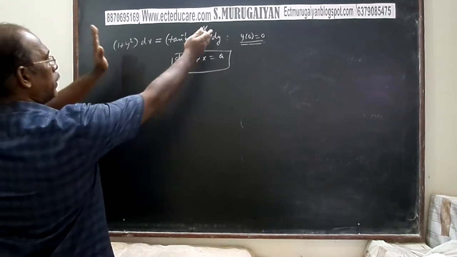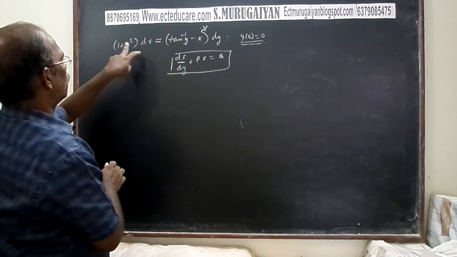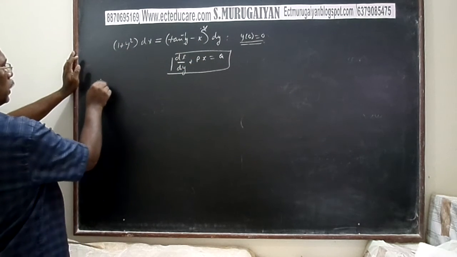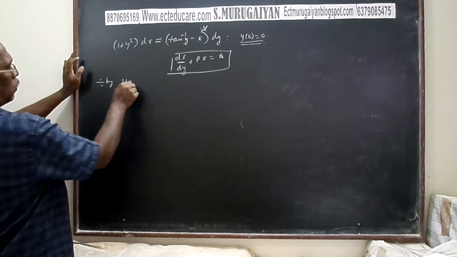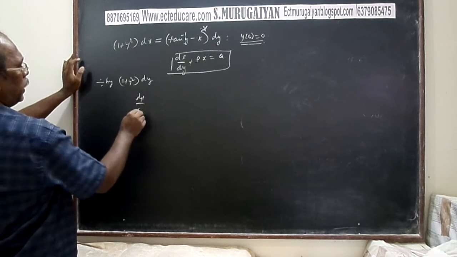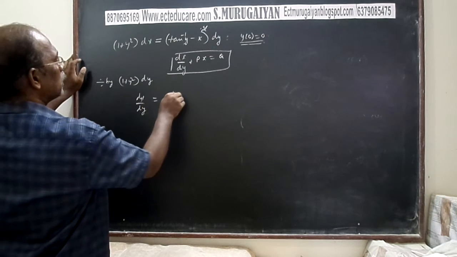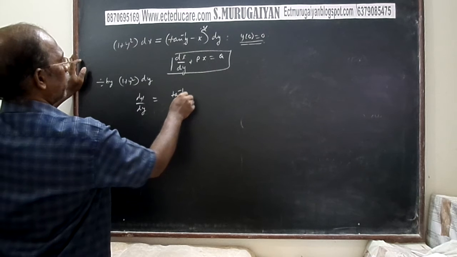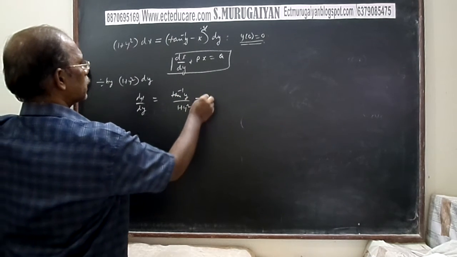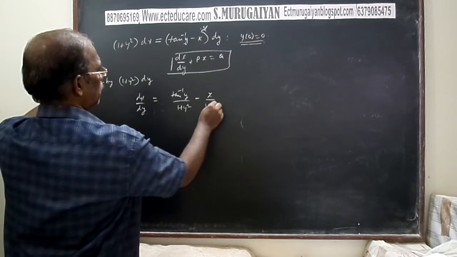Now, the number of y terms is 2 and the number of x terms is 1, so we can straight away write the second type of linear differential equation, dx by dy plus Px equal to Q. To convert the given differential equation to this form, directly divide by 1 plus y square into dy. Then dx by dy is equal to tan inverse of y by 1 plus y square minus x by 1 plus y square.